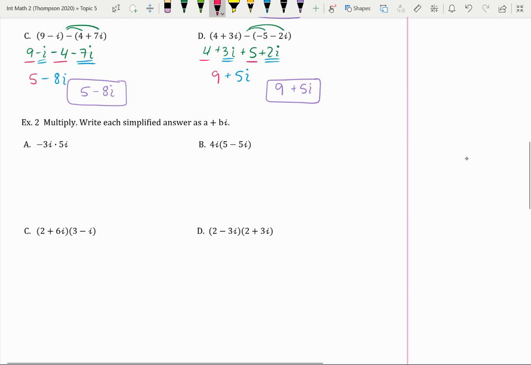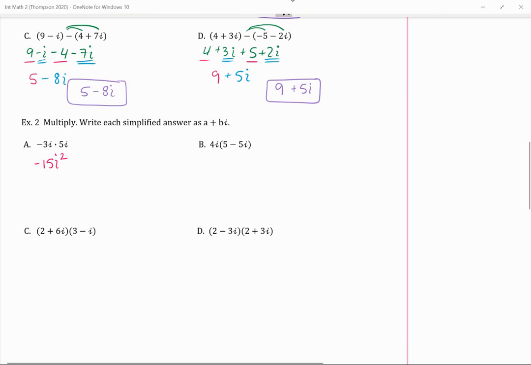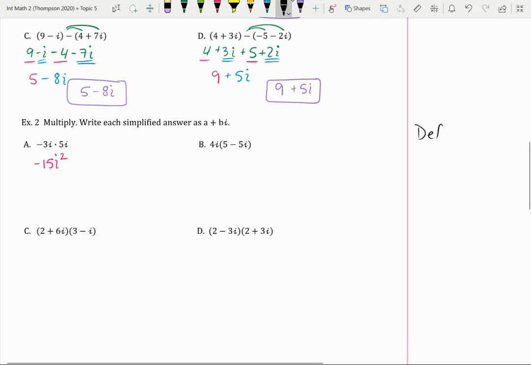Negative 3 times 5 gives me negative 15. i times i gives me i squared. Now, going back to the definition, you'll recall the square root of negative 1 is equal to i, and negative 1 is equal to i squared. Whenever possible, we will always plug in negative 1 for i squared.